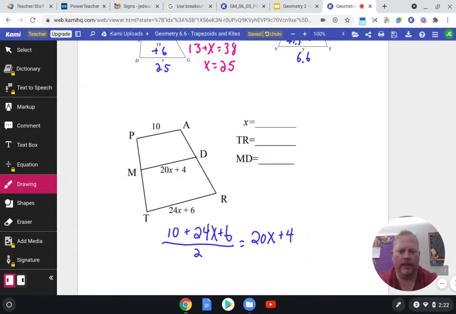To get rid of the fraction, I'll multiply by 2 on both sides. So I'll get 40x plus 8 over here. And then that 2 is now gone. And while I'm at it, can I just go ahead and add the 10 and the 6?